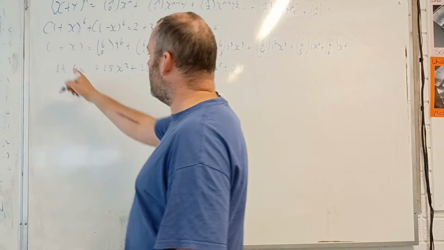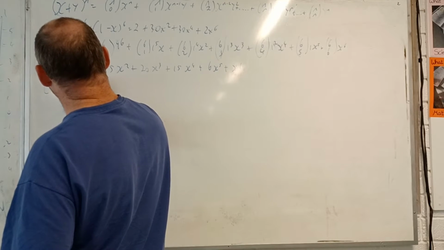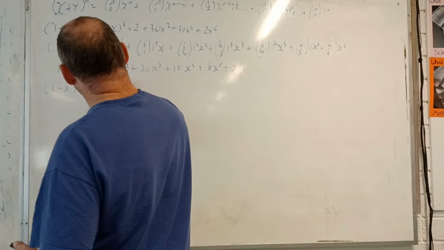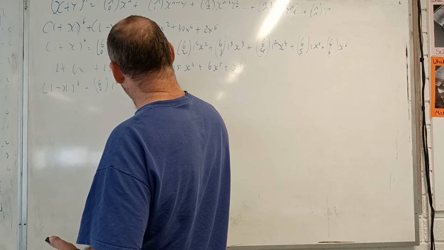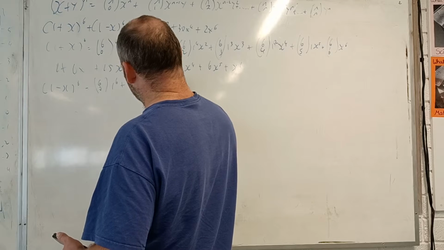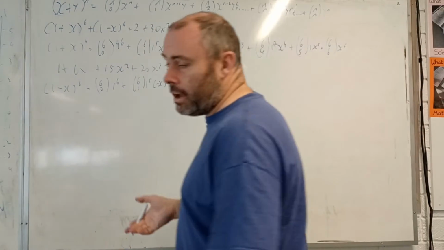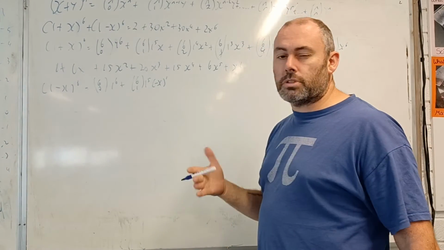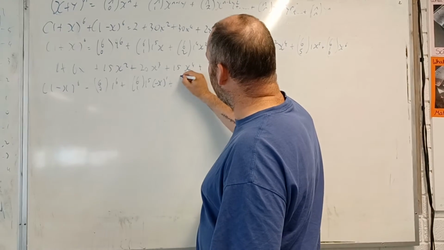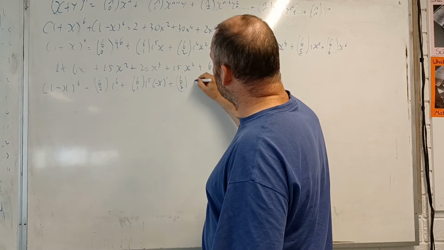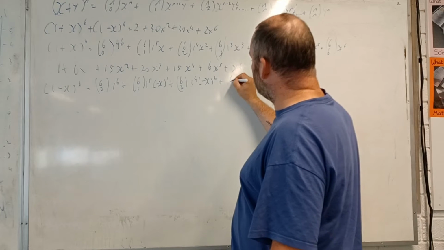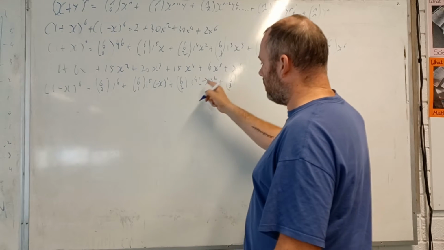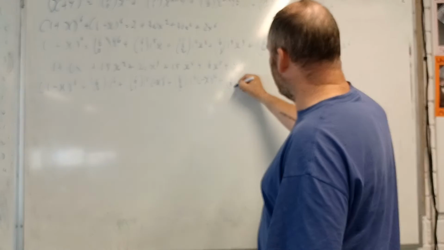Now we're going to do the same thing with this one. Okay, 1 minus x to the power 6. And I am going to put the minus x in brackets. It's just to help reduce the risk of a sign error. Okay, it's a really simple trick that helps us avoid these sign errors that we can get when we have powers to negative values.